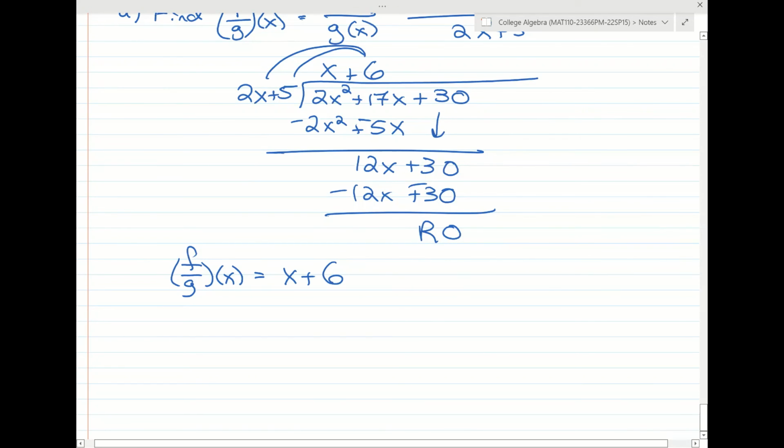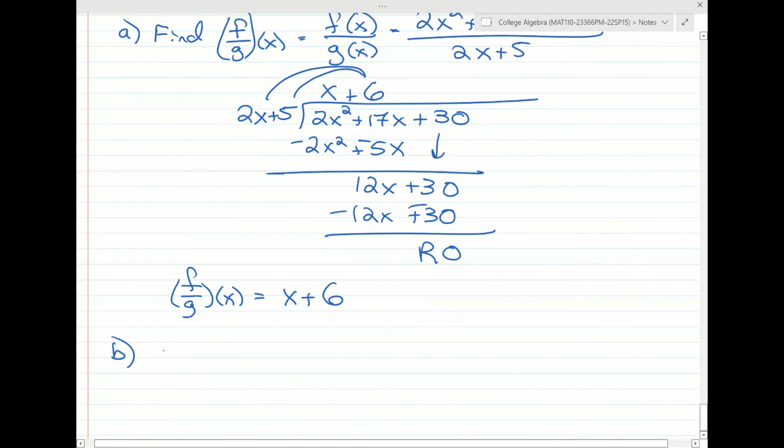The last problem for tonight is going to ask you to find f over g of -1.